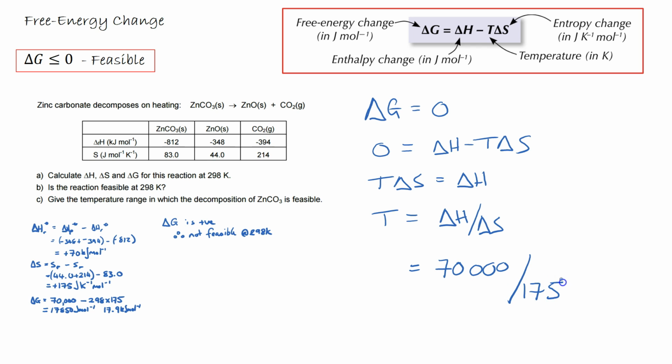So ensure that you convert your kilojoules per mole to joules per mole, otherwise you're going to have some slightly funny answers. And we end up with a value here of 400 Kelvin. And the reaction will become feasible at temperatures greater than 400 Kelvin, since the entropy value is positive and the enthalpy value is also positive.